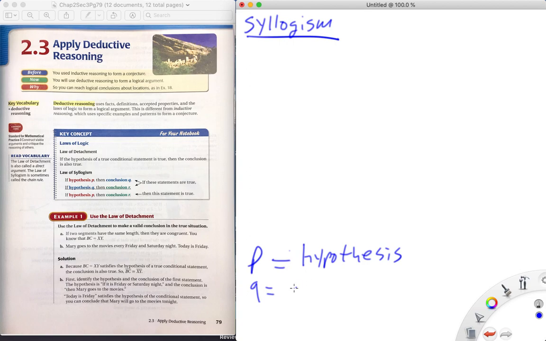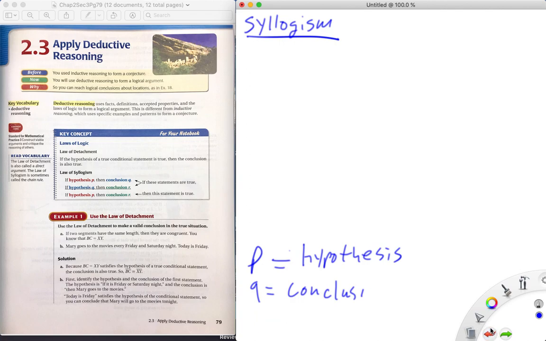Q is conclusion, most of the time. R can also be considered a conclusion. In the case of syllogism, though, we're dealing with two different conditionals where the conclusion of one is the hypothesis of the other. But in most logic notation, most of the time, P is the hypothesis and Q is the conclusion. Those are the two things I want you to take away from that.